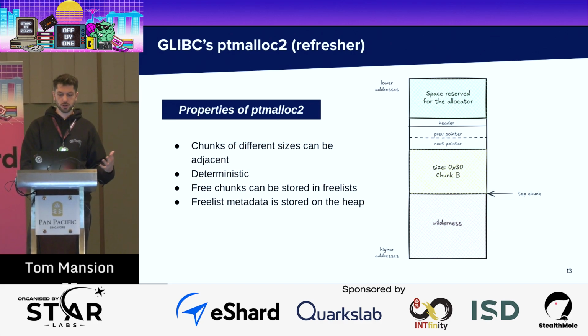When we allocate a new chunk, we're going to first look into these lists to see if a free chunk can satisfy our request. A very important property is that these linked lists are stored on the heap itself. The user data part of the chunk, the part that's right after the header, is reused when a chunk is freed to store pointers to the previous and next chunks in this list, right?